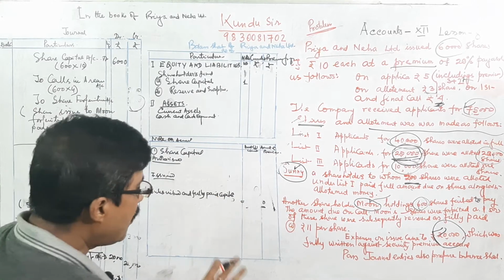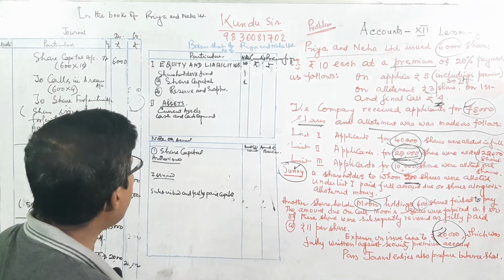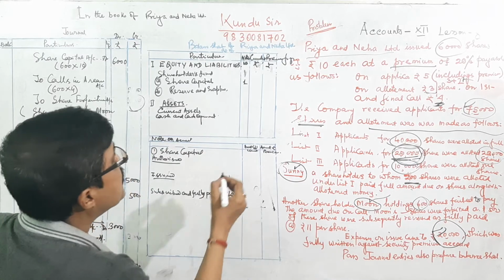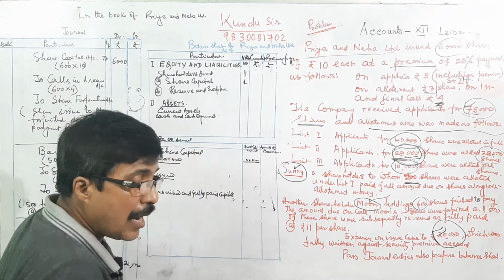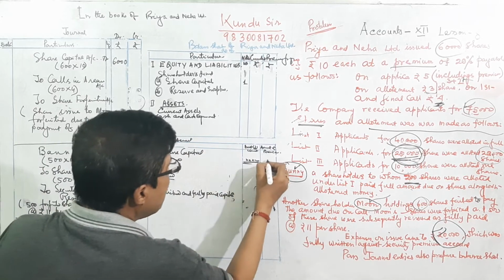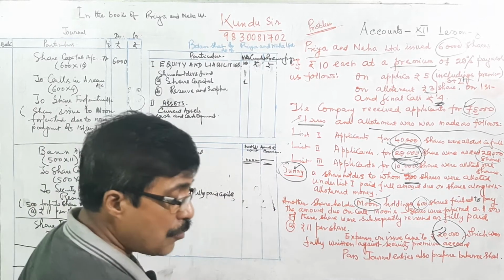Now we are writing, we don't know the amount for authorized, so we don't know the authorized capital and we are leaving this. Now issued.